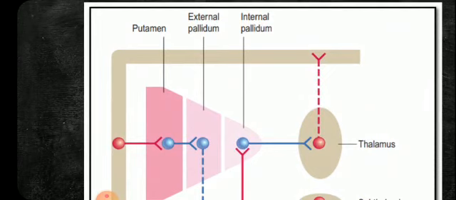At the thalamus, the blue fiber is releasing a lot of GABA, an inhibitory neurotransmitter. You can see that the thalamocortical fiber becomes a dotted line, because when GABA is released at the thalamus, this inhibitory neurotransmitter will start inhibiting the activity of the thalamocortical fiber. So that's about the indirect pathway.